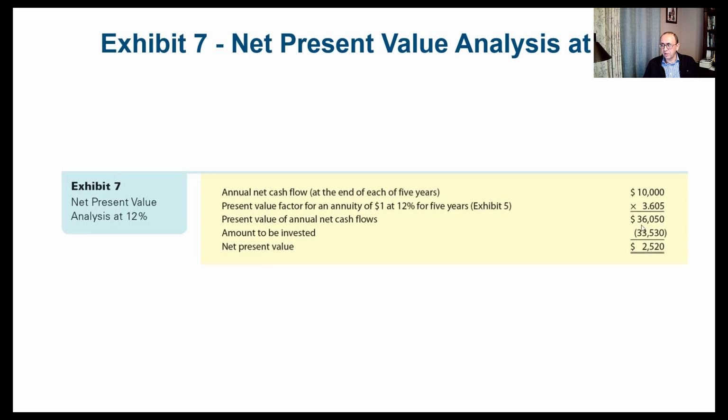Compare that to the amount invested, which is $33,530. Then it's a net present value of $2,520, which is a positive value, which indicates that the internal rate of return for this project is higher than 12%. It has to be higher than 12%.